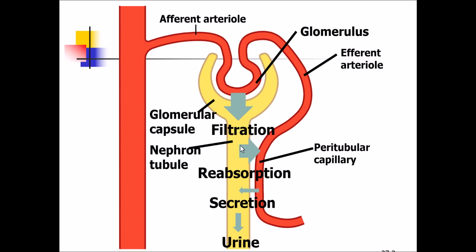So much of what is filtered is immediately reabsorbed. It leaves the proximal tubule, it leaves the tubules, and goes back to the bloodstream. It goes back to the bloodstream in those peritubular capillaries that are wrapped around the tubes. So this arrow represents an important process called reabsorption.